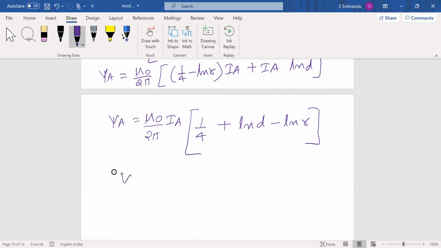So psi a equals mu naught Ia by pi, 1 by 4 plus ln of D by r.